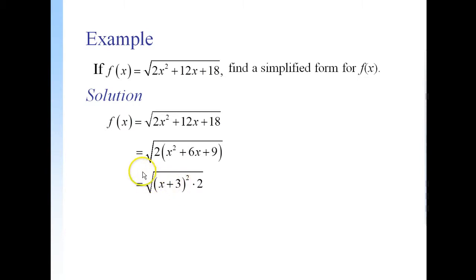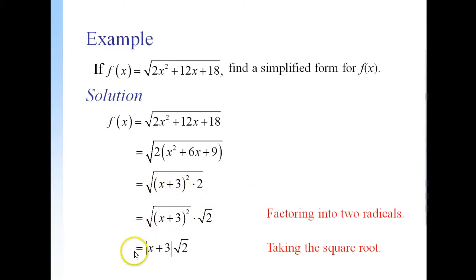So taking the square root of this will just give you this part outside of the radical, and we can put that in their absolute value form. And then what's left under the radical sign would be the 2.